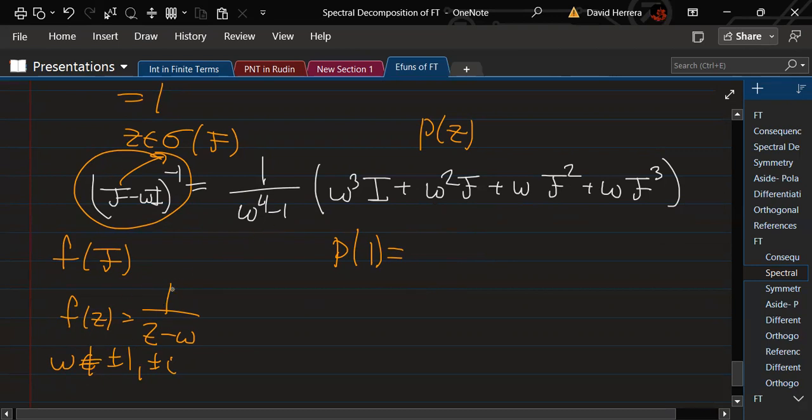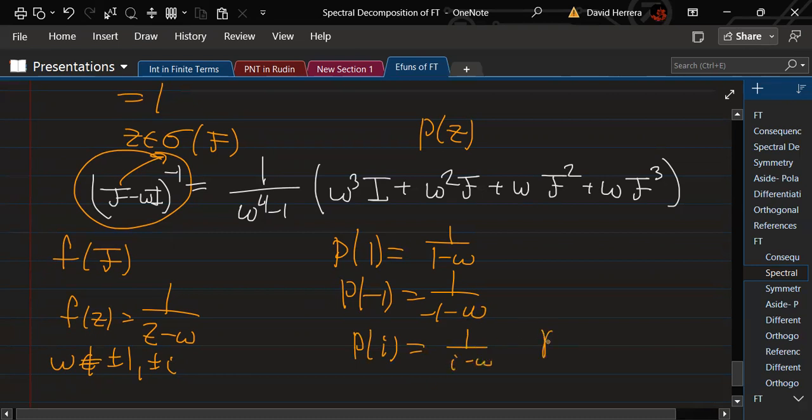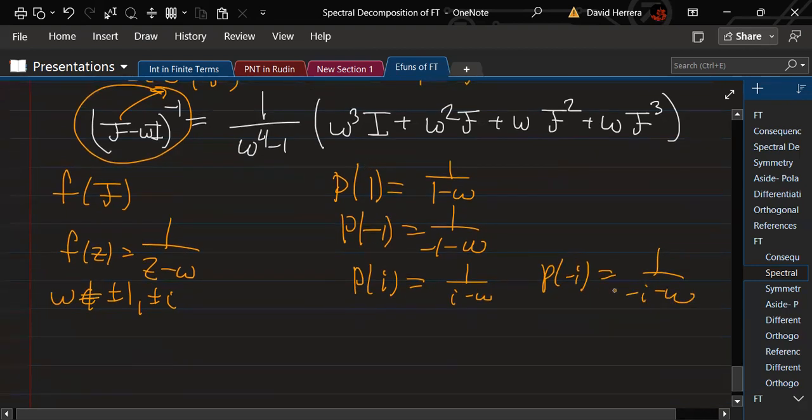And this is the function, so I need to plug in 1. P of 1 needs to be 1 over 1 minus omega. P of minus 1 needs to be 1 over minus 1 minus omega. P of i is 1 over i minus omega. P of minus i is 1 over minus i minus omega. So I need some kind of polynomial that does all this.